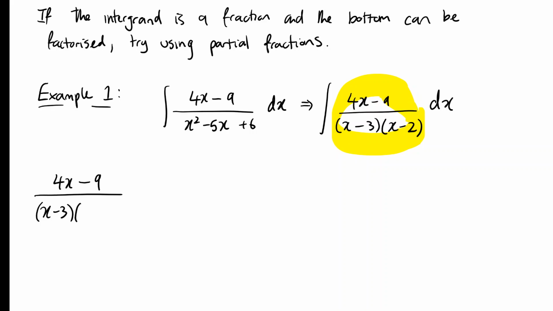So in this case, as there are no repeated factors on the bottom, we can write this as a over x minus 3 plus b over x minus 2.